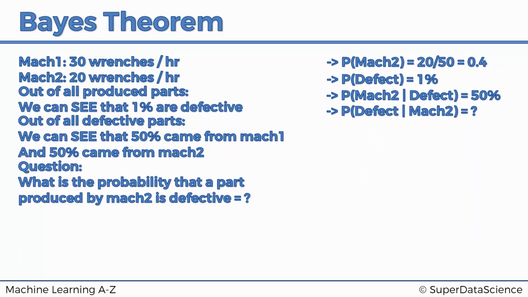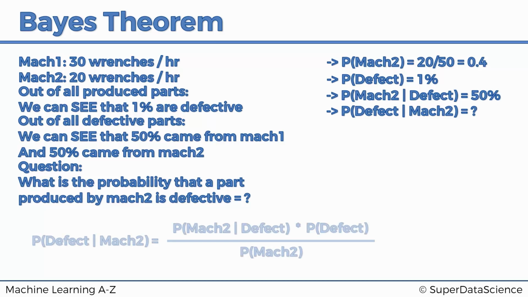And now let's write down the Bayes theorem, which we had a brief look at before. The Bayes theorem for this particular problem will look as follows. So the probability of a part being defective, given that that wrench came from machine 2, equals, and here we go, this is the fun part.